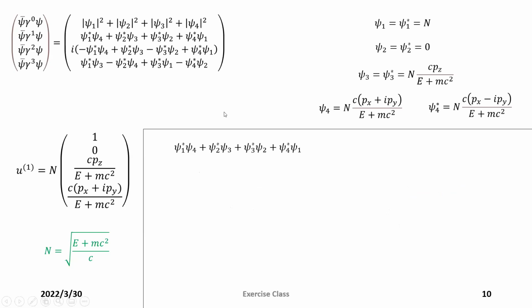And it's basically the same for the other components. For example, for the second component, we substitute again, and these two terms will be 0 because they contain psi 2, so we only have to consider these two terms and just substitute them.